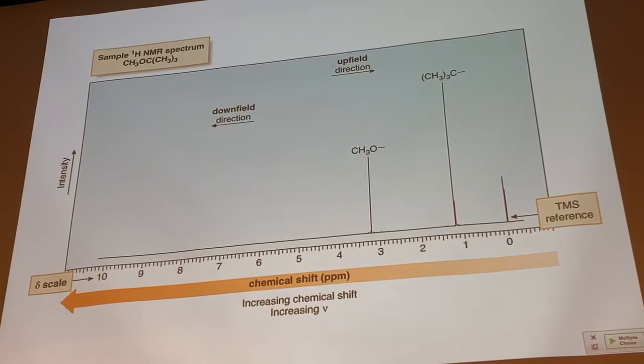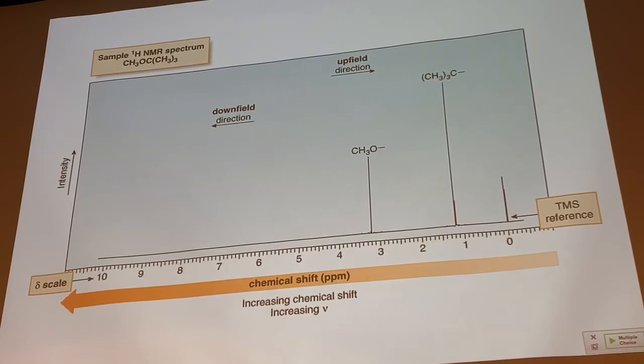And so they will require slightly different energies to undergo the spin flipping, and therefore will show up at slightly different places in the spectrum. And we'll figure out which sets of protons will show up at which locations after Thanksgiving.